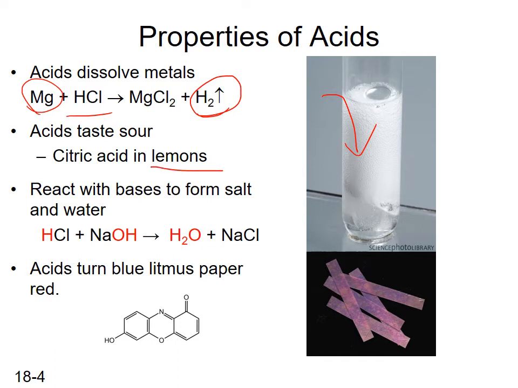Lemon tastes sour because of citric acid, an organic acid inside lemons. They react with the base, as you already saw in the last slide, to form water and a salt. Acids turn blue litmus paper red. This is an indication of the existence of acids.